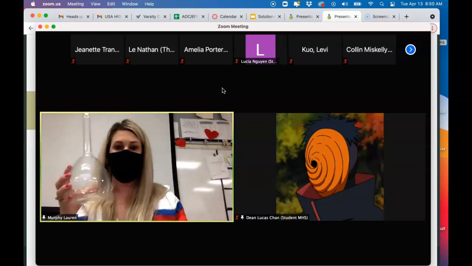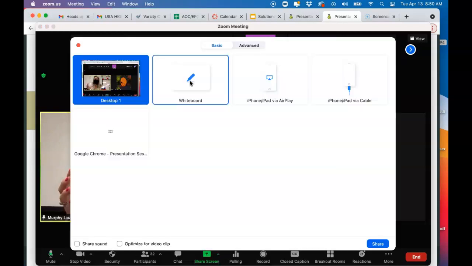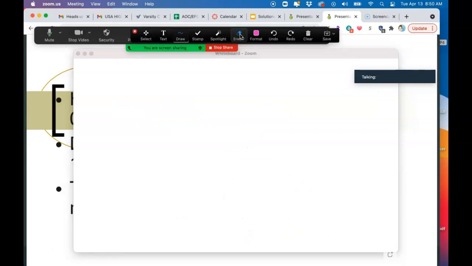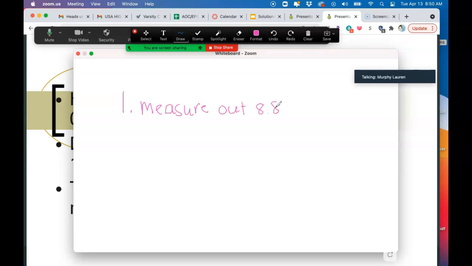So what do we do? Step 1, and yes, you need to know these steps. And I'm actually going to do them. I'm going to make the solution. So step 1, for preparing a solution: measure out 8.8 grams of sodium chloride on an electric balance.